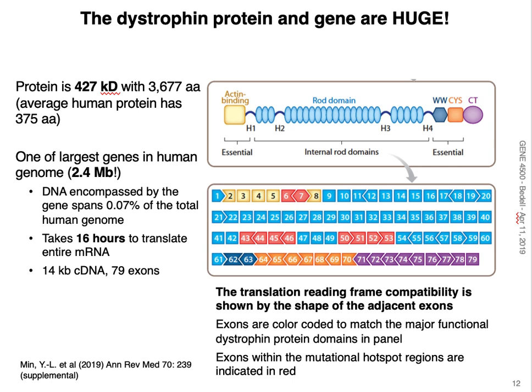But if you have a mutation or a deletion, let's look at it: instead of splicing from exon 7 to exon 8, if you splice from 7 to 9, if you just skip exon 8, look at the shape of these two exons. Even though 7 and 8 are in the same reading frame when spliced together, and 8 and 9 are in the same reading frame, if you skip 8 and splice together 7 and 9, you're going to get a different reading frame.